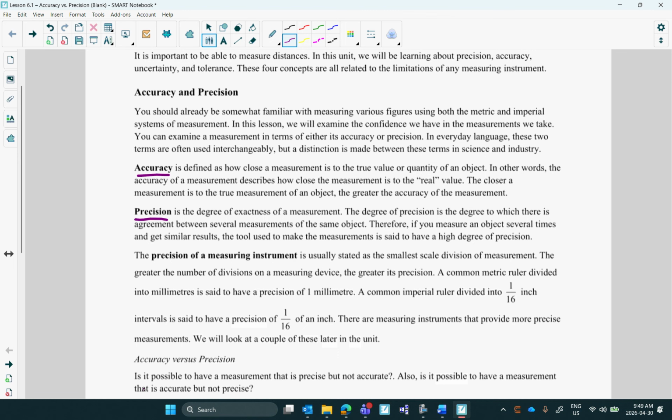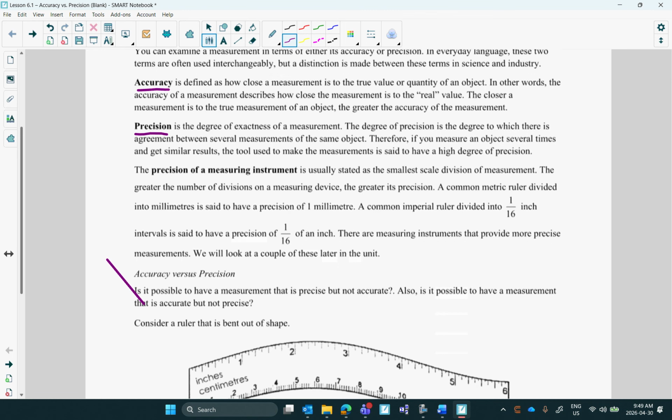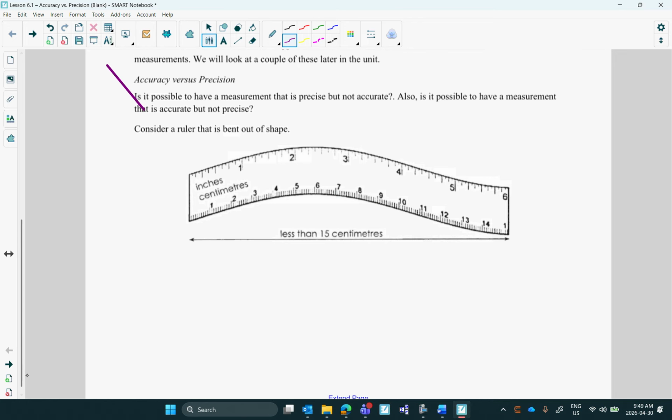So before I go back to precision of a measuring instrument, here's a good example. Okay? We have a bent ruler. This would not be accurate, would it? Okay, because it's bent, it's not straight. So it would not be accurate.